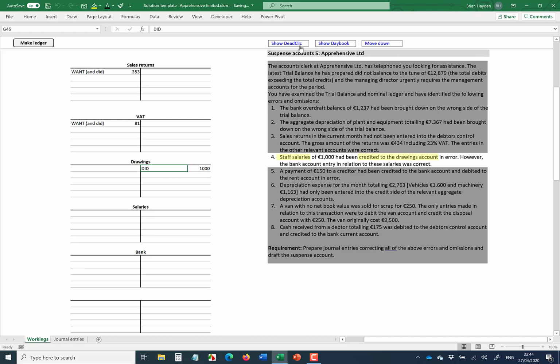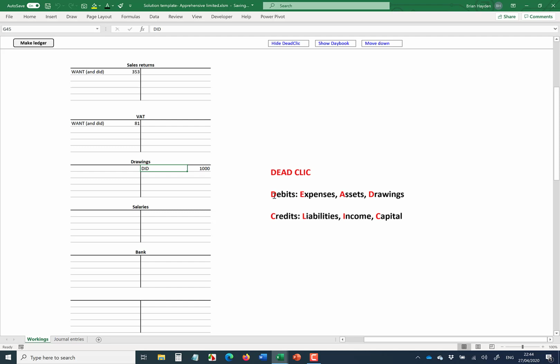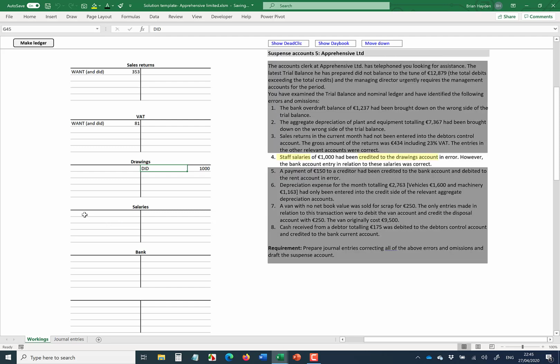Now again, if I momentarily show Dead Click, remember debits for expenses, assets, drawings. So salaries would be an expense, so they should have gone on the debit side of the salaries account. The bank account entry was correct. Again, we reduced what's in the bank, so we credited the bank. So what we did and what we want is 1,000 there.